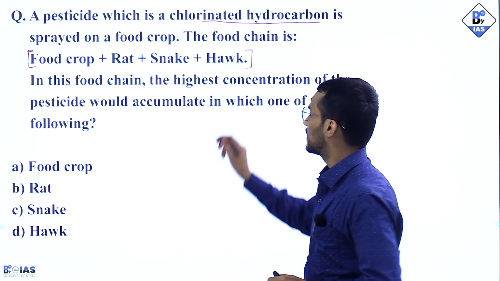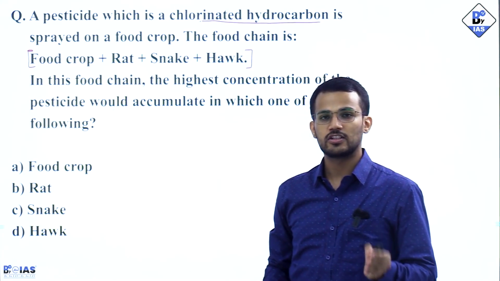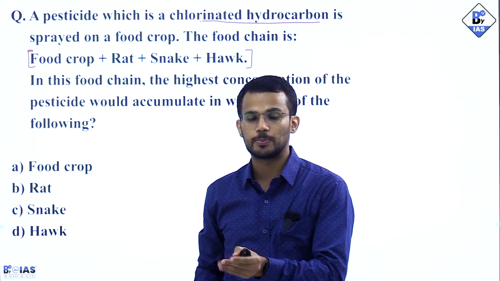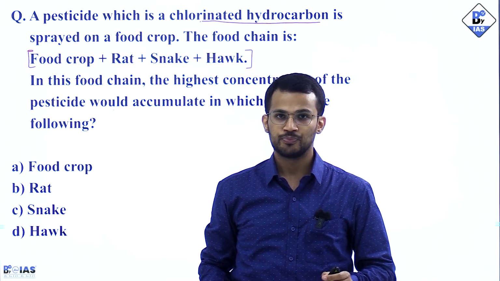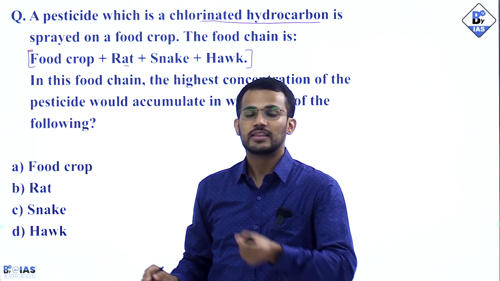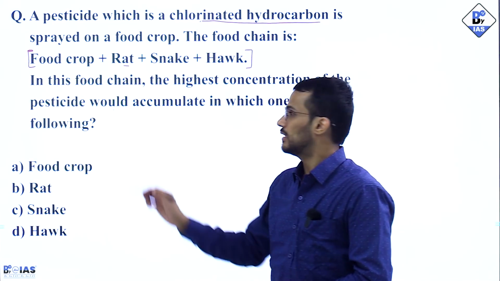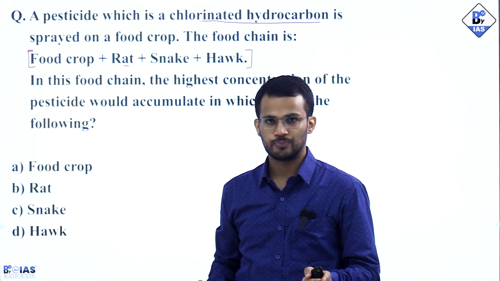So the pesticide that was sprayed is chlorinated hydrocarbon, and this pesticide was sprayed on the food crop. As food crop is eaten up by rat, that pesticide which is sprayed on food crop will accumulate in the body of rat.